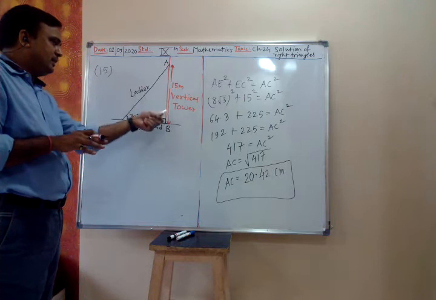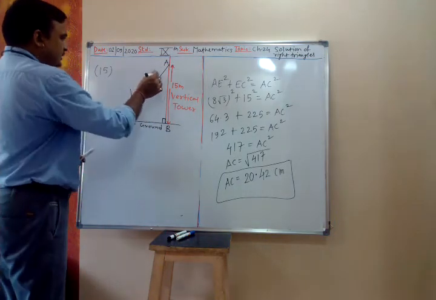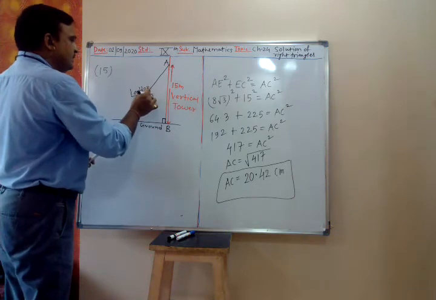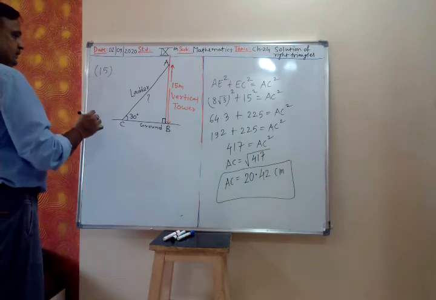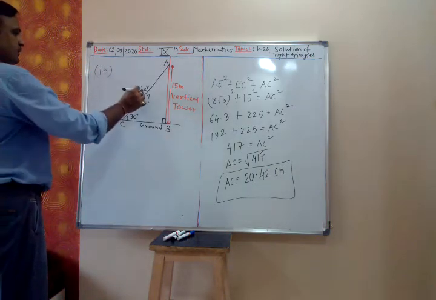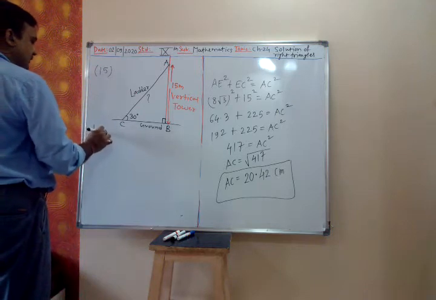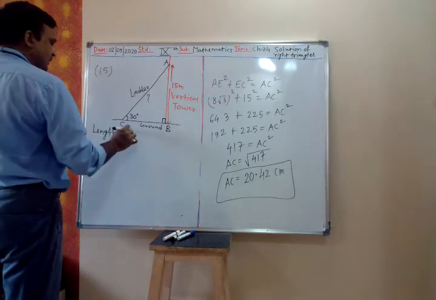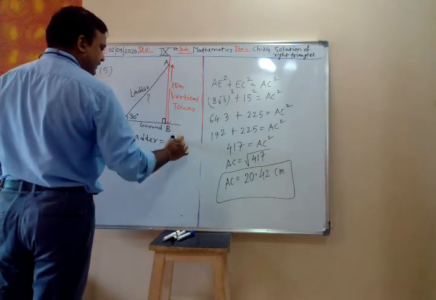So this is tower and this is ground, so they have to be perpendicular. Now the length of the ladder is AC. So now we have to find AC, the length of the ladder.